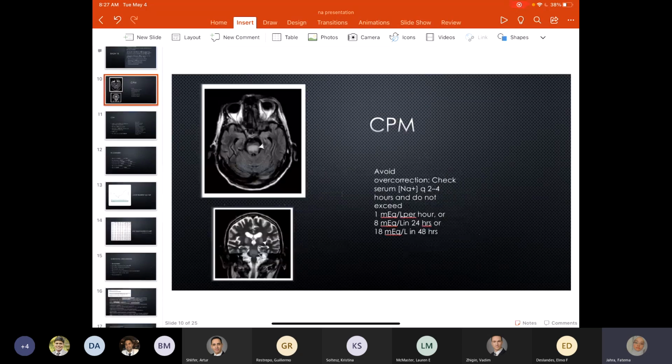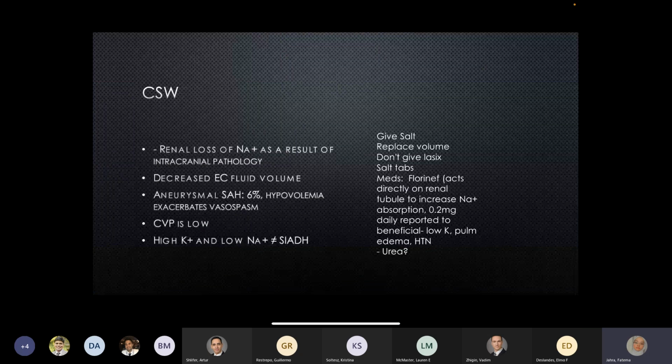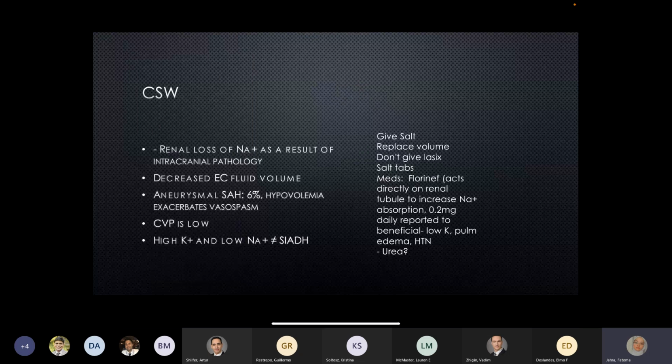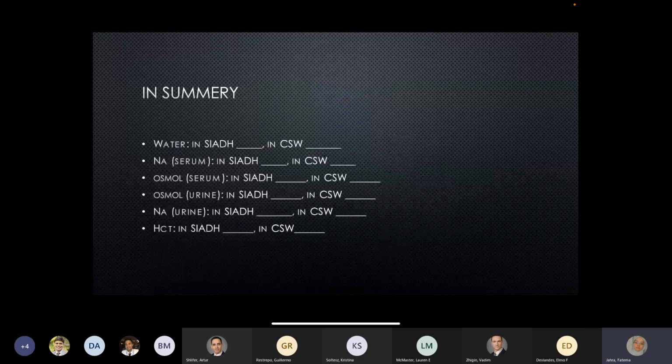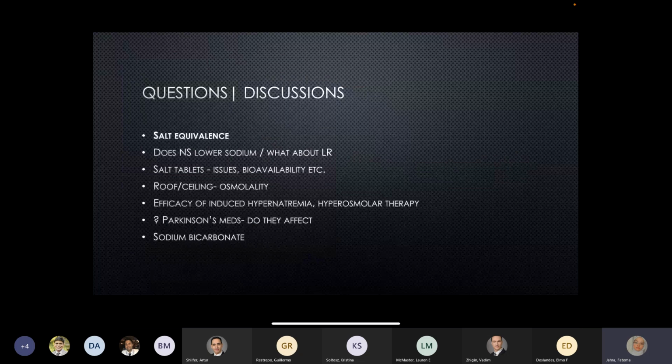And these are the changes on MRI right here in the midbrain. This is called shearing of the axonal sheath, and you can be in a vegetative state forever from that. I talked about salt wasting. And last, I'm going to talk about hyponatremia here.